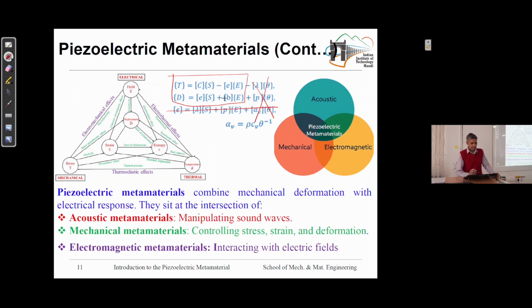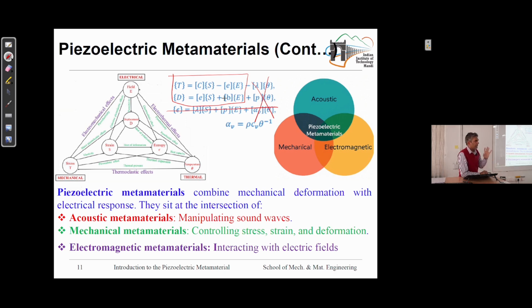Now, interestingly, the piezoelectric material comes under three domains. Like you have seen, we have electromagnetic, mechanical, acoustic and thermal, right? Of course, there are many more.